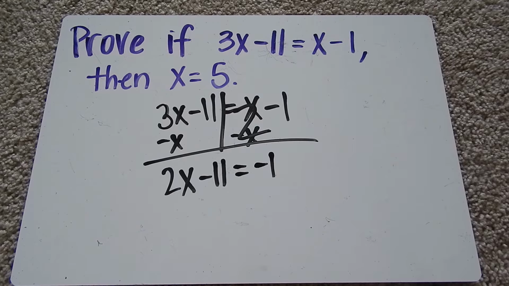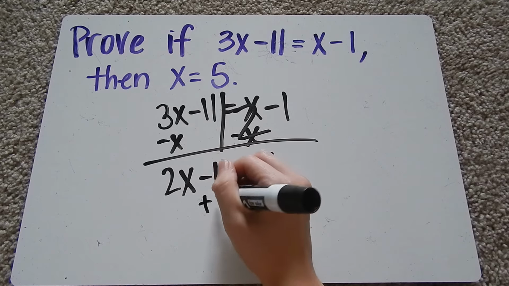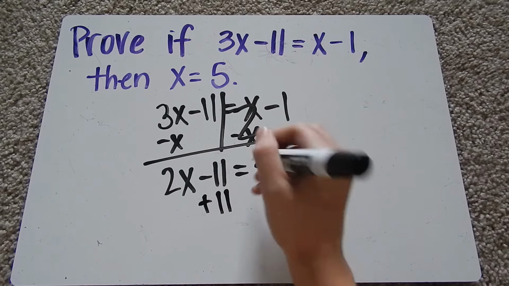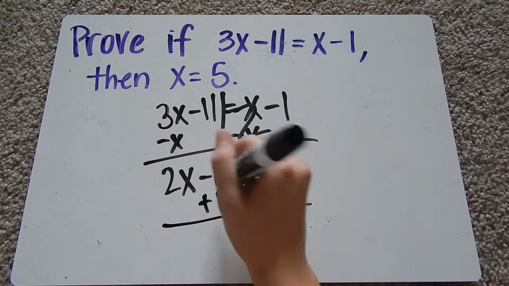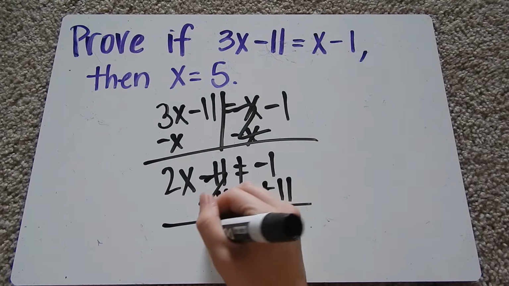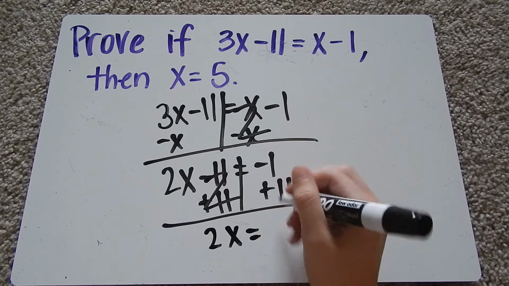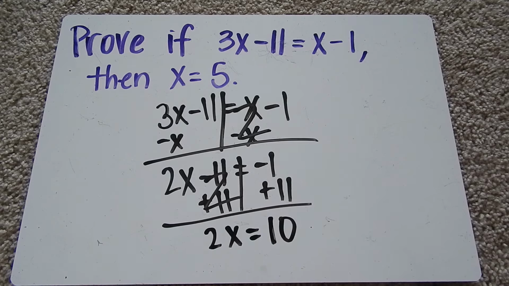Now this is just a two-step equation. So I just want to undo what's not attached to x first, which is this minus 11. To undo a subtraction of 11, I'm going to add 11 to both sides. That will zero that out on the left-hand side. I'm left with 2x equals negative 1 plus 11, which is 10.